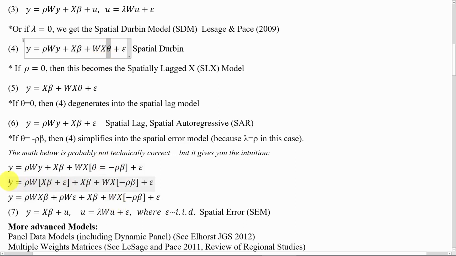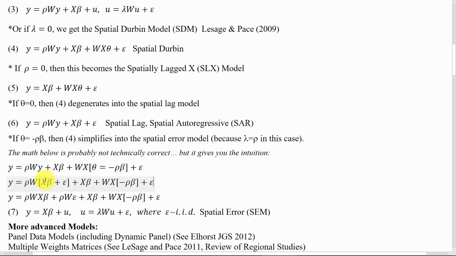Well, we get our unemployment rate equals our neighboring values of unemployment, right? Because y equals x beta plus epsilon, just making that substitution there. Plus, okay, so this is our own variables. How do they affect our unemployment rate? Plus wx minus rho beta, just making that substitution for theta.